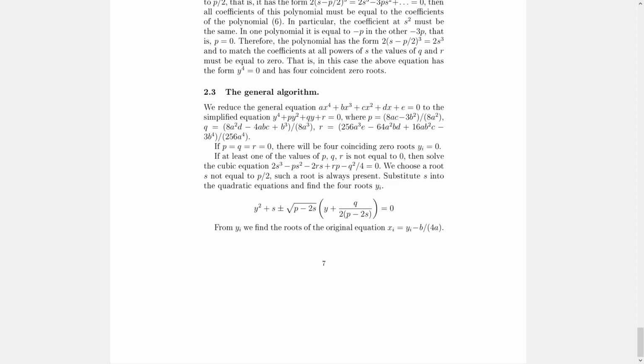From the roots of the simplified equation, we find the roots of the original equation using the formula x equals y minus b divided by 4a.